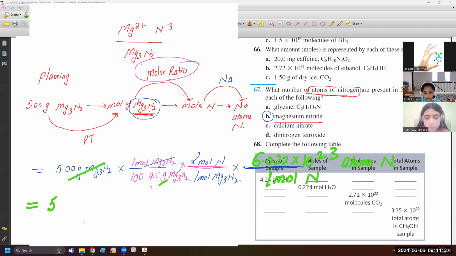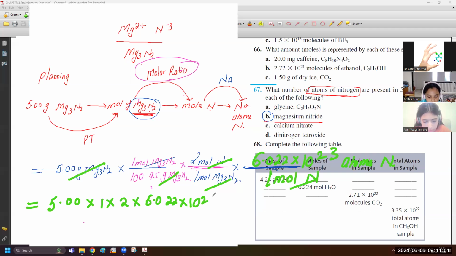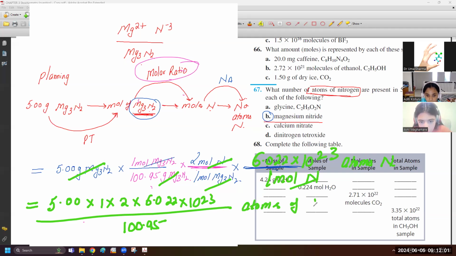Check the units, cancel the units. Answer should come in 3 significant figures. Unit left is atoms of nitrogen. And that should be the answer.